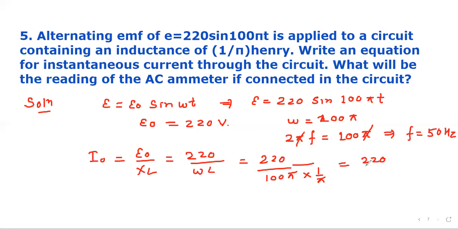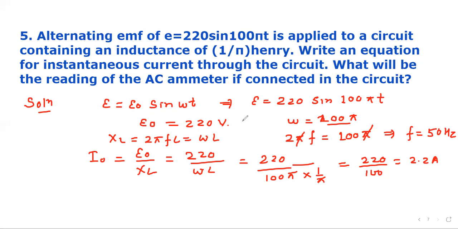So 220 divided by 100 equal to 2.2 ampere. I think you have understood. Here we can do it earlier also, like we can evaluate XL, 2 pi FL or omega L, and then omega is 100 pi, L. So that will give 100 ohm, and then we can evaluate I0 equal to E0 divided by XL. We can put the value.